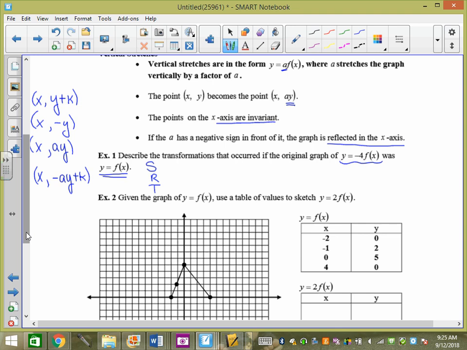And the reason why, we have to write them in the order stretches, reflections, translations, but when we apply them, we could apply the stretches and reflections at the same time technically because they're both multiplying, right? One's multiplying by a negative, one's multiplying by a number. But we have to do the translations last when we do our operations anyways, always, because it's addition and subtraction. And all we're doing really is we're following order of operations. We're doing multiplication first, then addition and subtraction next, right? So that's why we have to do it in the order SRT. When we write them out, they want them in the order SRT as well.